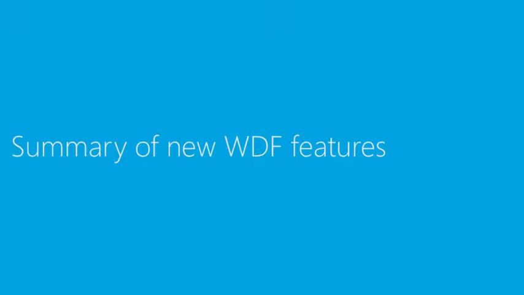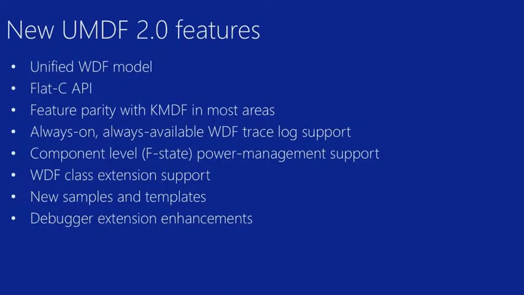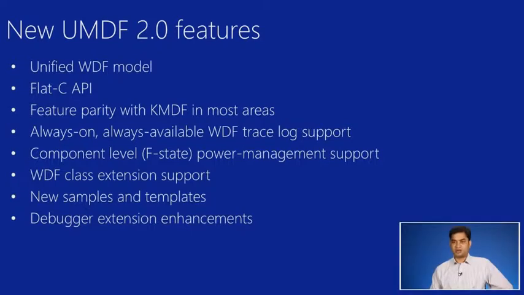Now let's talk about some of the new WDF features. Here is a list of new UMDF 2.0 features, and we have gone through this already, but I'll just quickly go through them. We have one unified WDF model, where the UMDF model has been unified with the KMDF model. There is no change in the KMDF model. It is the UMDF model that has been unified with the existing KMDF model. We have flat C APIs for UMDF.